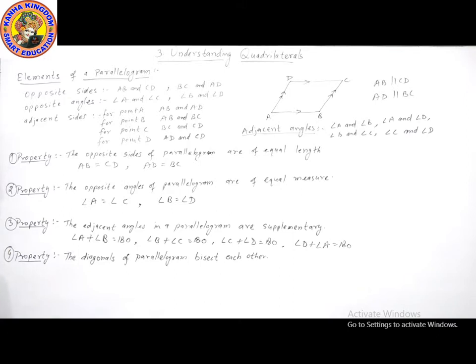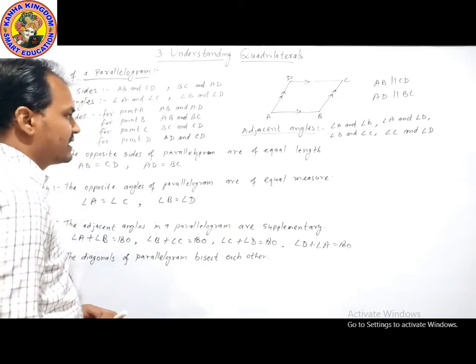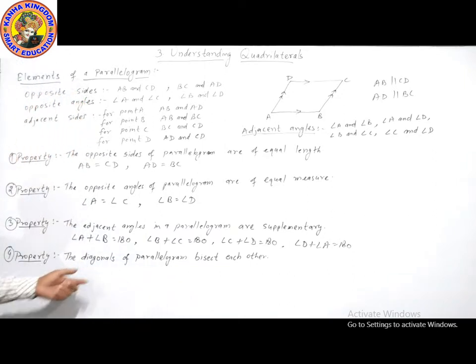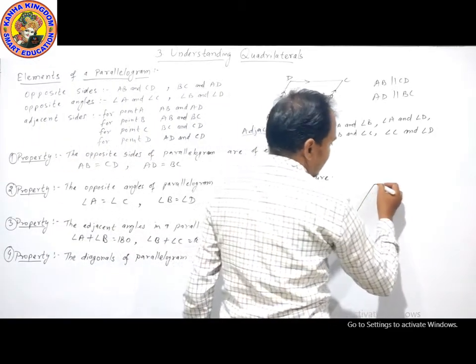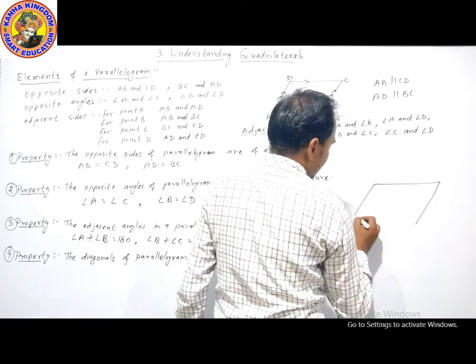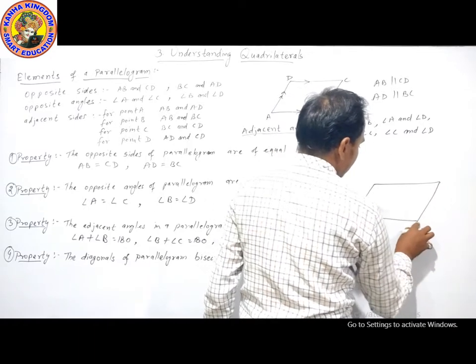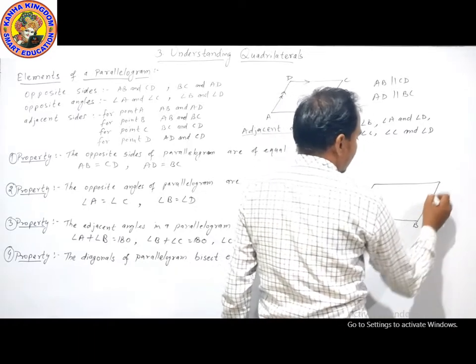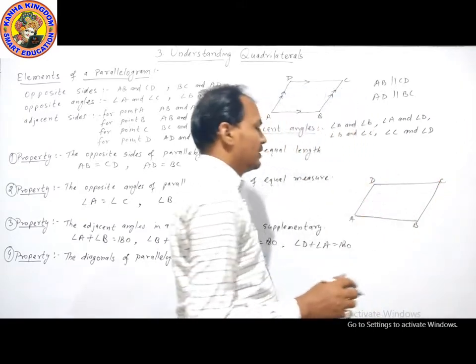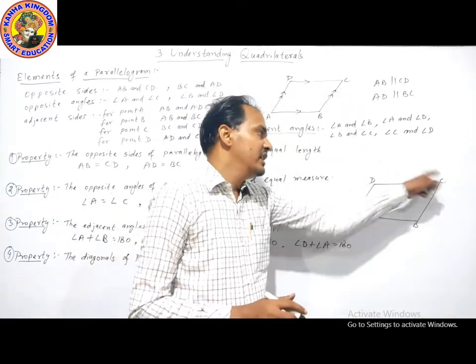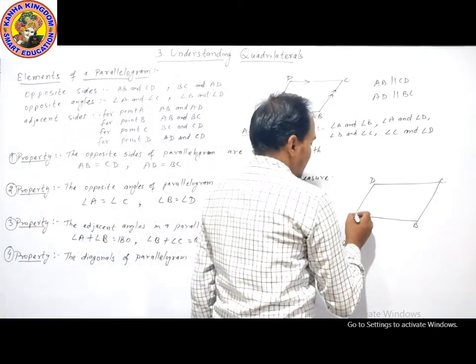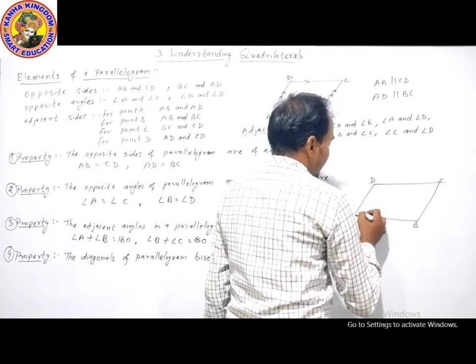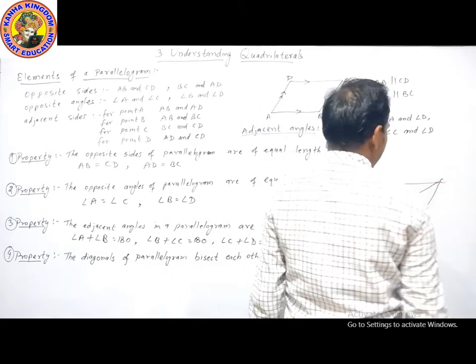Now property number 4: the diagonals of a parallelogram bisect each other. What is a diagonal? This is our parallelogram, A, B, C, D. There are 4 points A, B, C and D. If we draw a line between opposite points, it is called a diagonal.